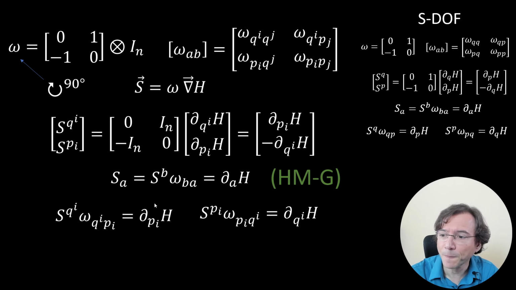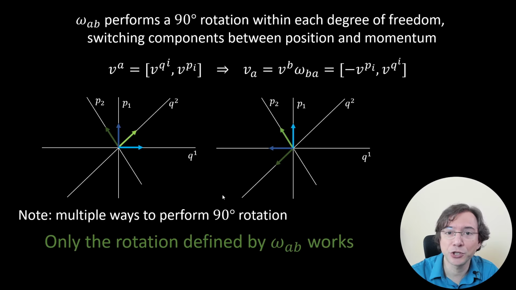Okay? So one thing that we should be clear about is that, yes, this omega AB performs a 90-degree rotation, and it does it by essentially switching between a position component and a momentum component and adding a minus sign.